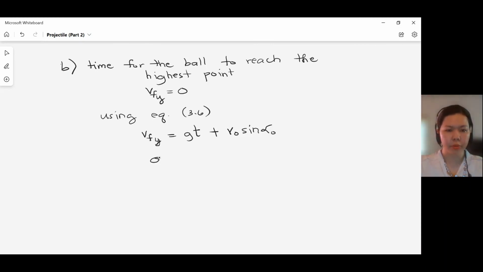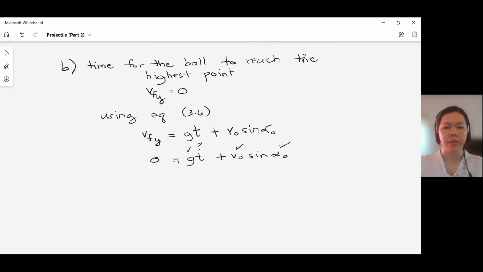So 0 is equal to GT plus V naught sine alpha naught. Here we are solving for time, and we have G, V naught, and alpha naught.